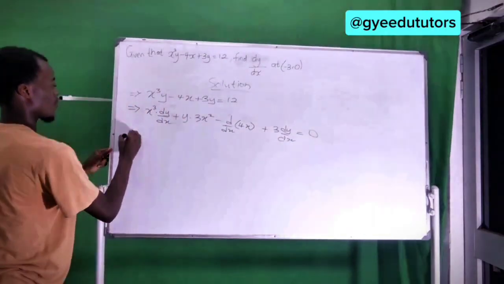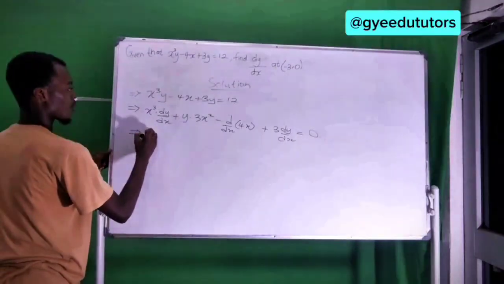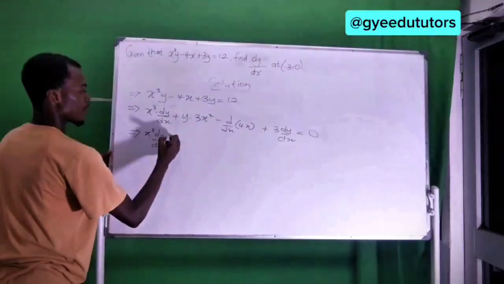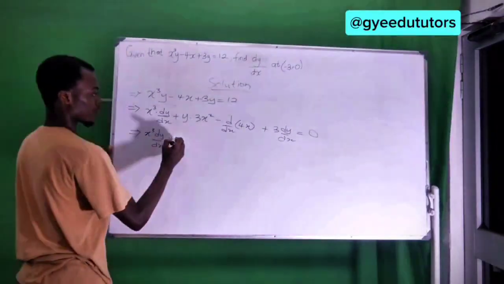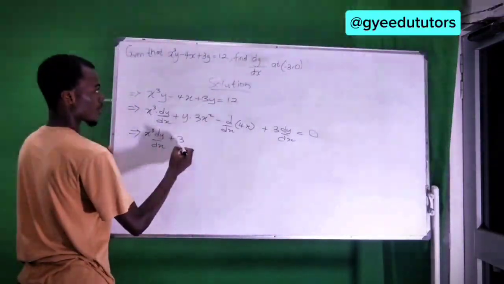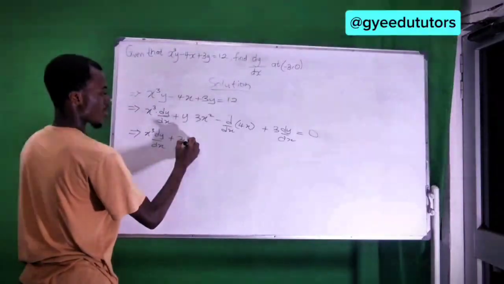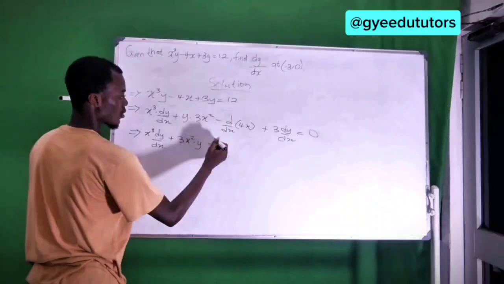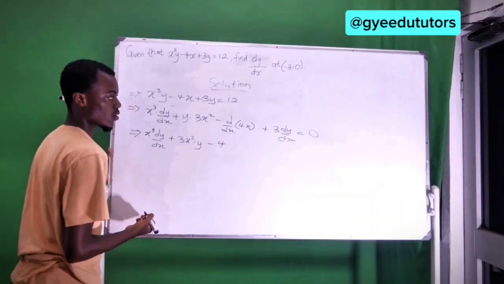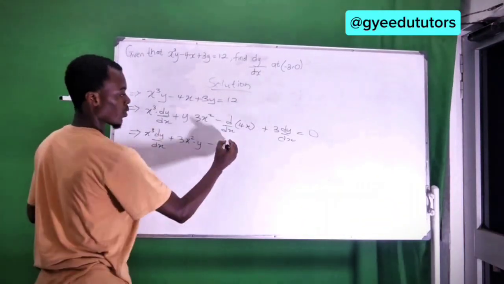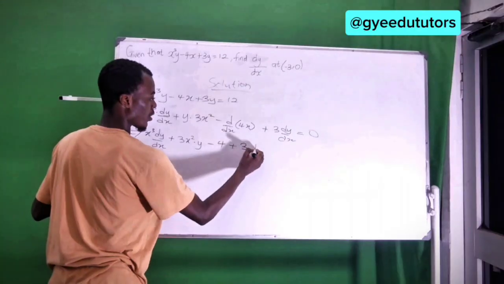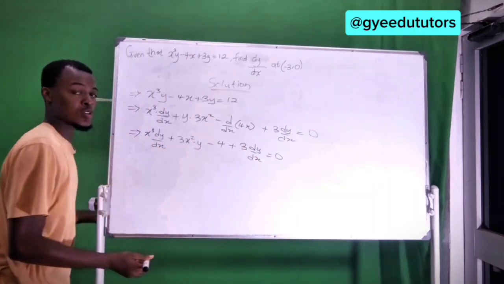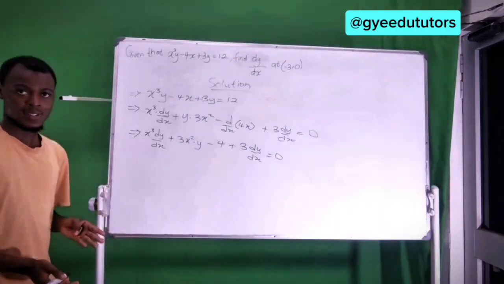So now, we have what? x cubed dy/dx plus 3x squared y minus 4. Okay. Plus 3 dy/dx, which is equal to what?